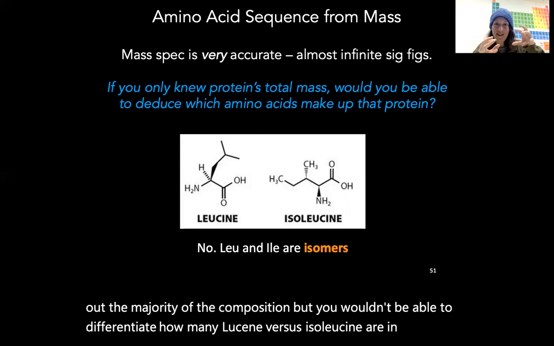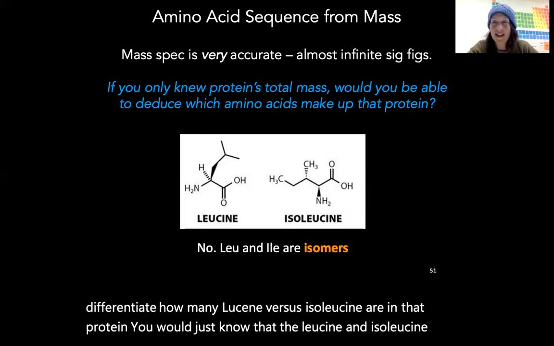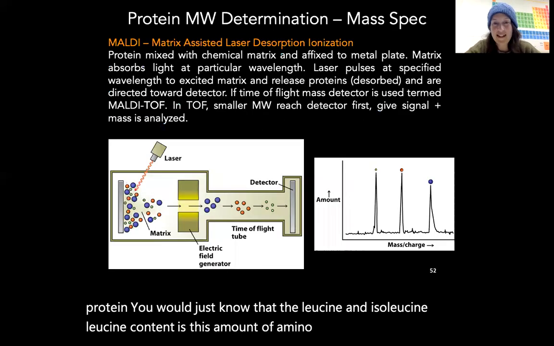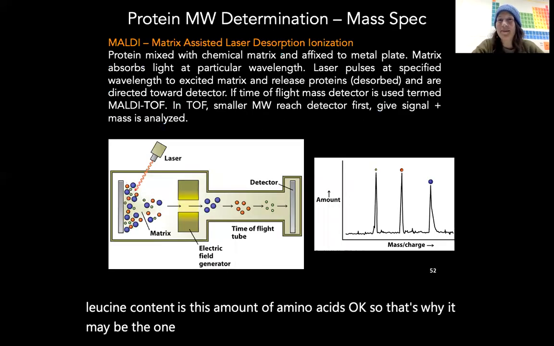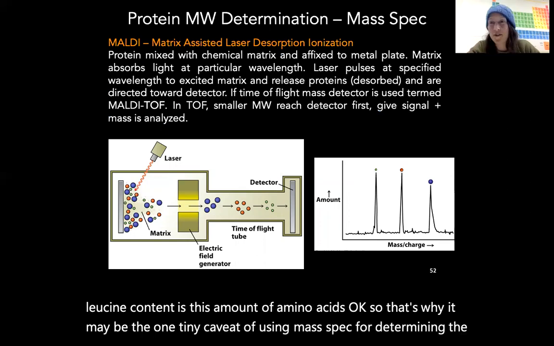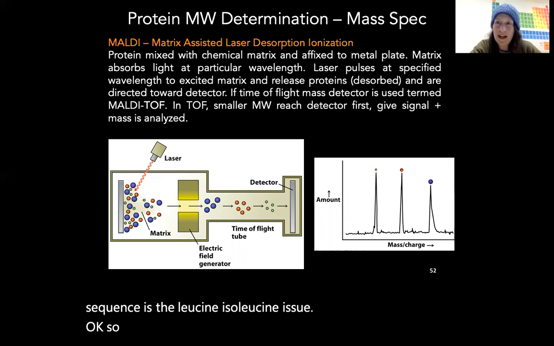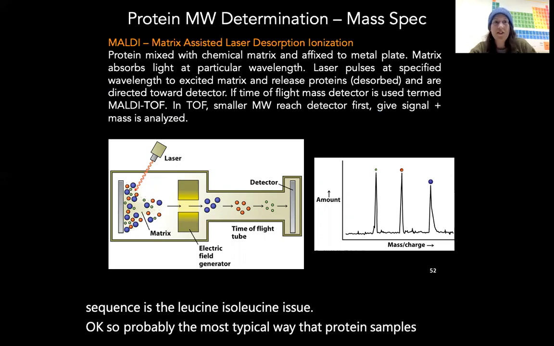You would just know that the leucine and isoleucine content is this amount of amino acids. Okay, so that's maybe the one tiny caveat of using mass spec for determining the sequence, is the leucine isoleucine issue. Okay, so probably the most typical way that protein samples are sequenced is through what's called MALDI.